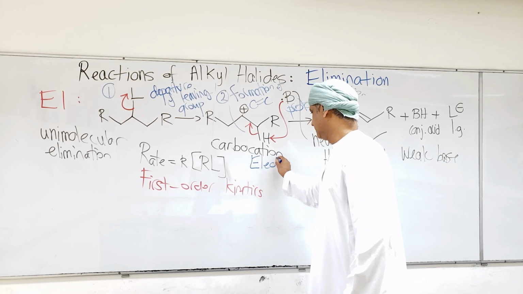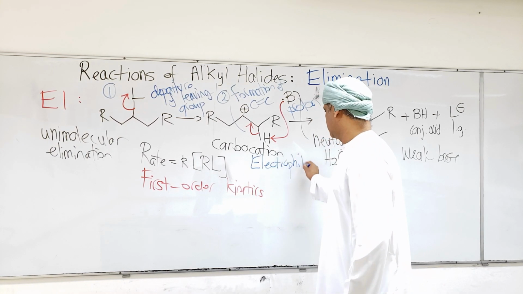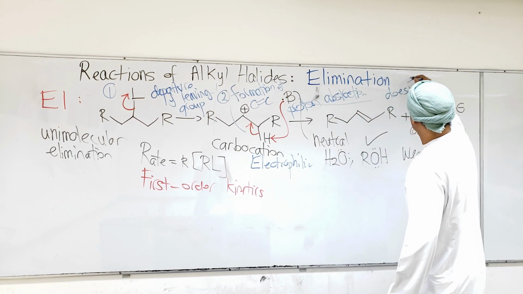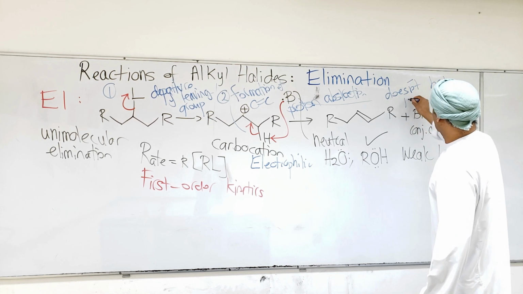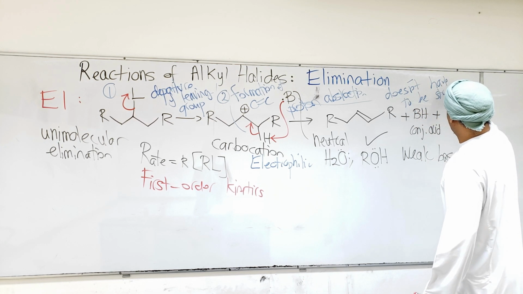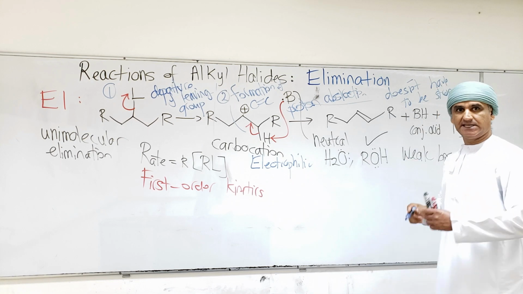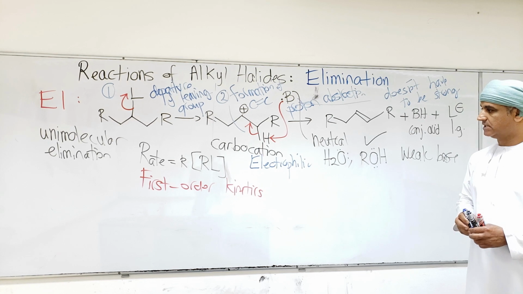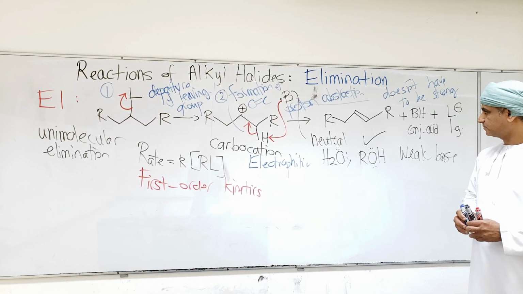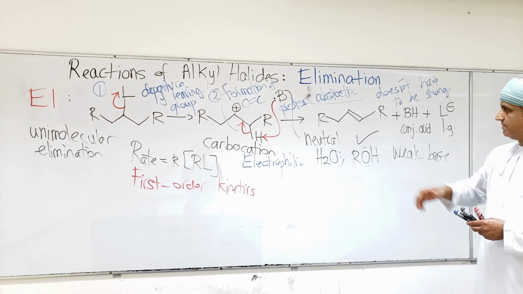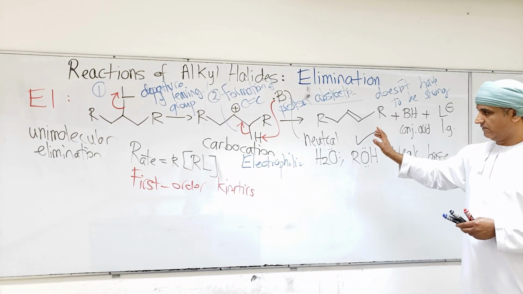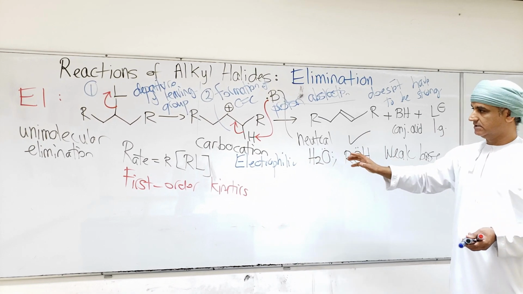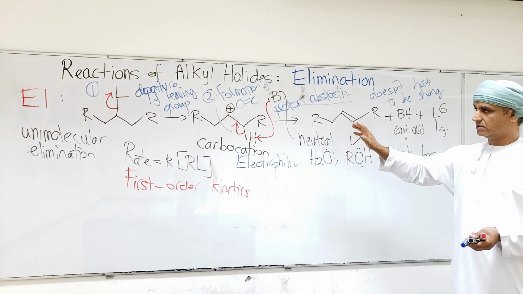This is highly electrophilic, and that's why the base doesn't have to be strong, and that's why neutral bases or weakly basic reagents will be able to take part in this reaction. So the base should be of that category, weak reagents. The E1 reaction consists of two steps.